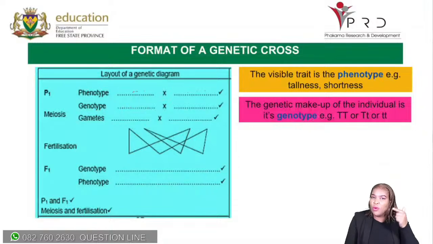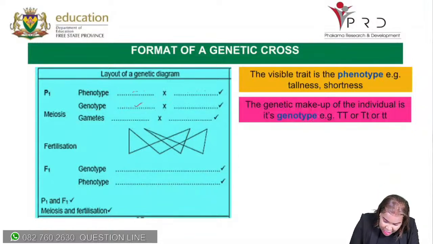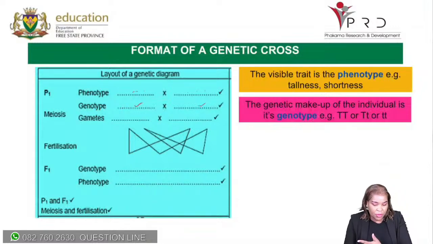Then you know if it is homozygous, the letters must be the same. Homozygous dominant, the letters must be the same and they must be big. Homozygous recessive, letters must be the same but they must be small. If they say it's heterozygous, you must write letters must be big and small. So that information you are going to get where? From the statement of your question. You write it here, you bring it here, you get another mark for that.